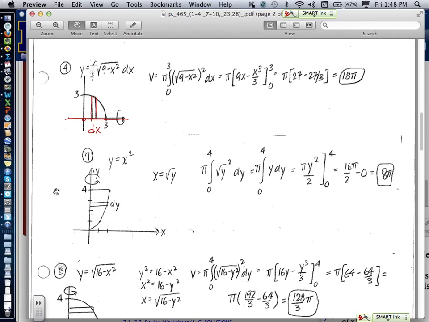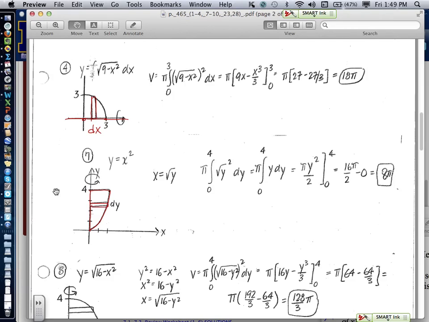As opposed to problem number 7, where you have an area here, and if we rotate this area around the y-axis, like is shown here, the only way you're going to cut cross sections that are discs is if we cut across this solid horizontally.